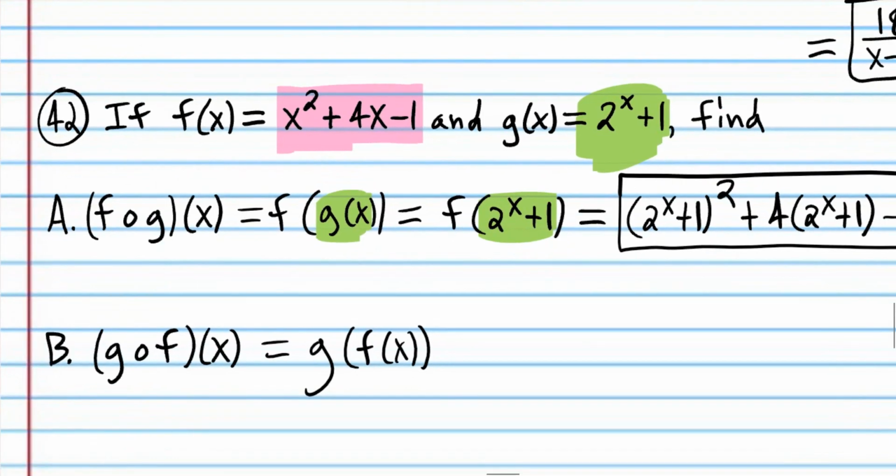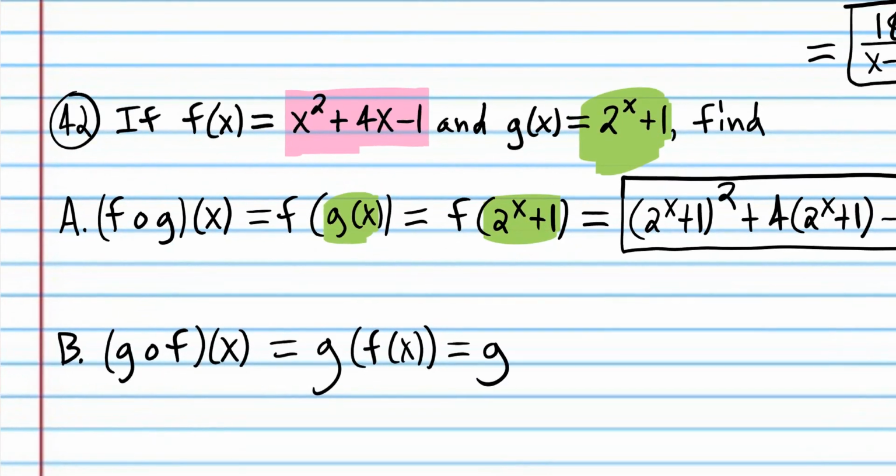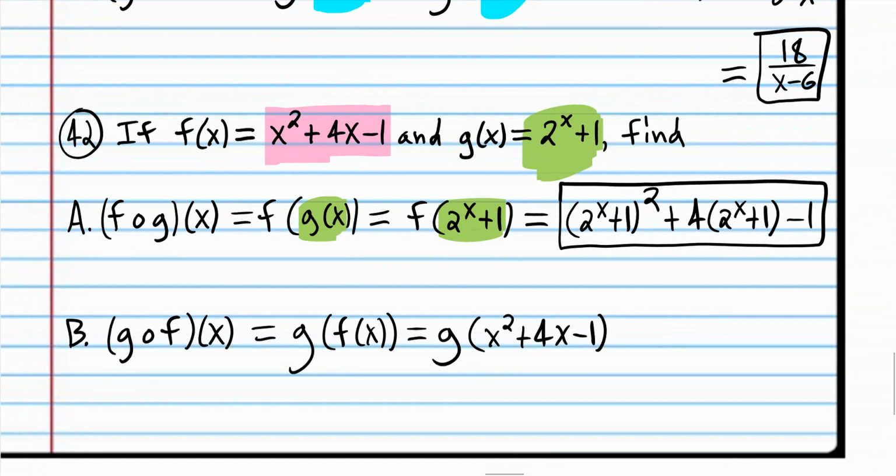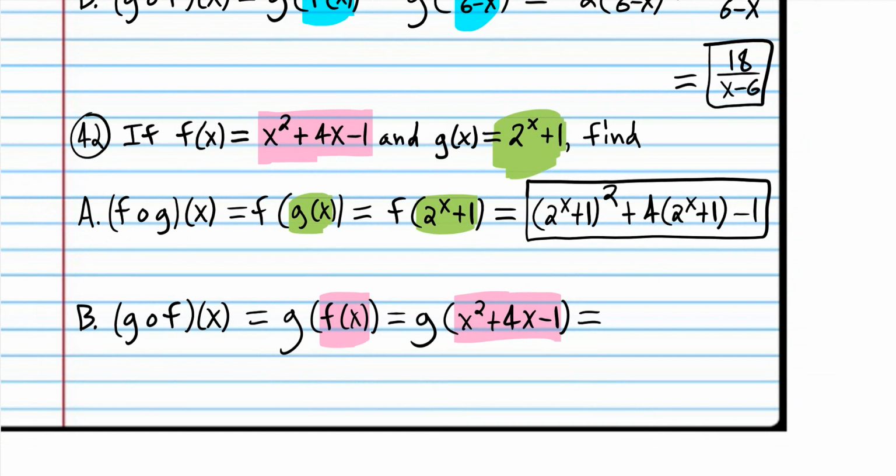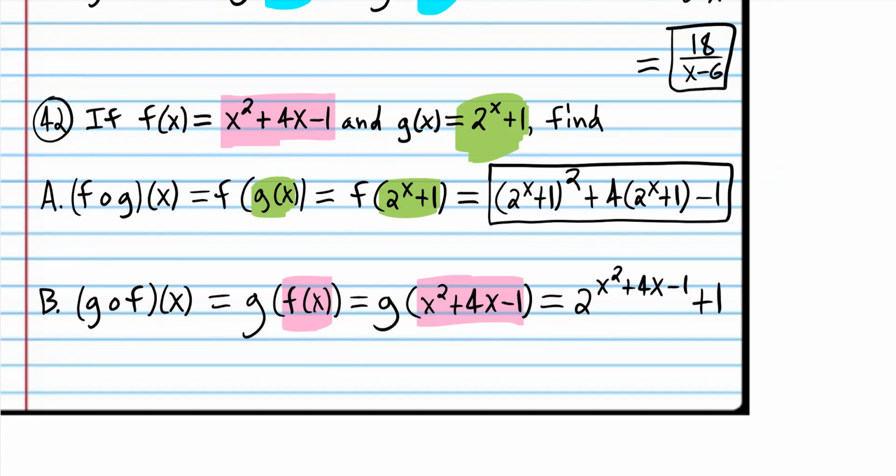Okay, we're back. So I'm going to put the f function inside the g function. So there you go, and I'm going to write the green expression, but everywhere where I see an x, instead of writing x, I'm going to write x squared plus 4x minus 1, and this is in the exponent, so you have to write a lot bigger.